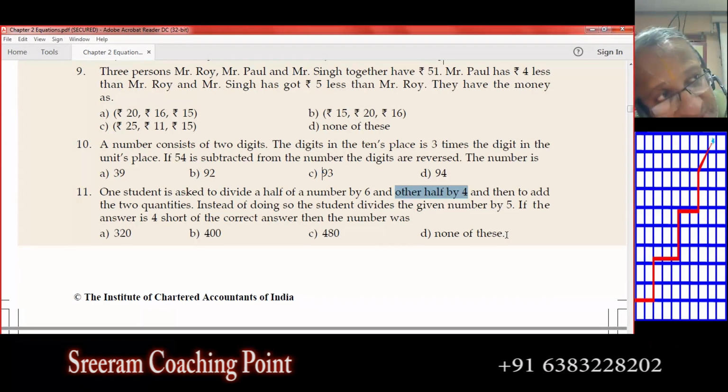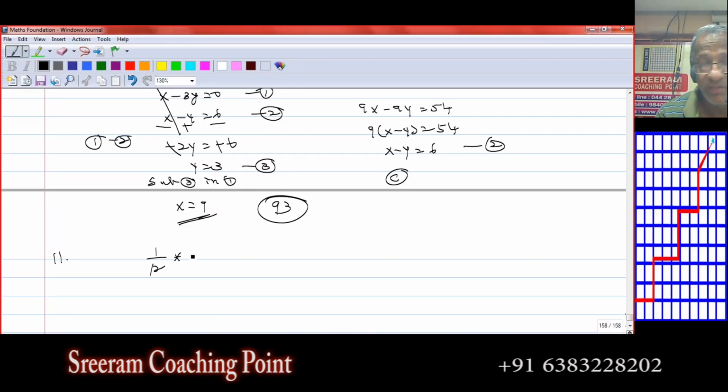1 by 12 x plus 1 by 8 x equal to, so it is 48. 48 is the LCM, no? 6x plus 4x, that is 10x by 48.